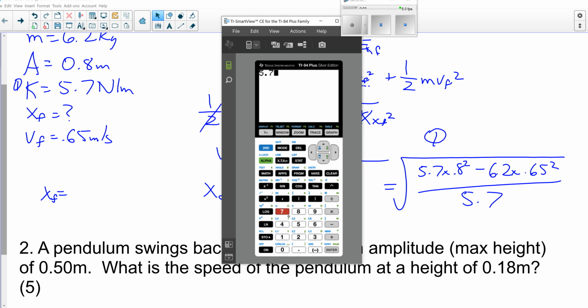So we'll have 5.7 times 0.8 squared minus 6.2 times 0.65 squared, divided by 5.7, square rooted. Its displacement at that point is 0.42 meters, but we only have one significant digit, so it's actually 0.4 meters. Fifth and final mark for that one.